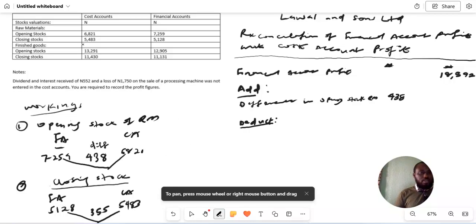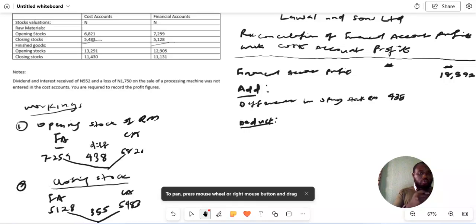Okay, let's see that this is it. It's higher than this. So in this case, the stock left of raw material was not fully recognized. This will have an effect on our profit, thereby reducing profit.